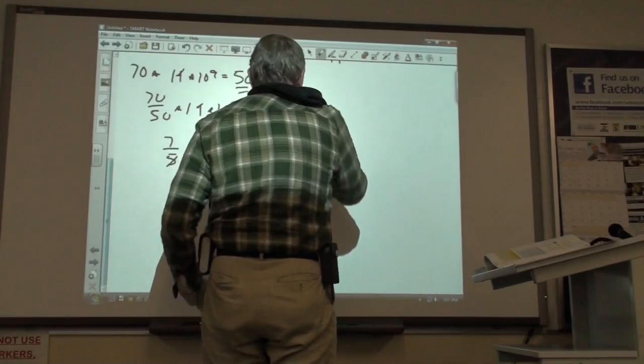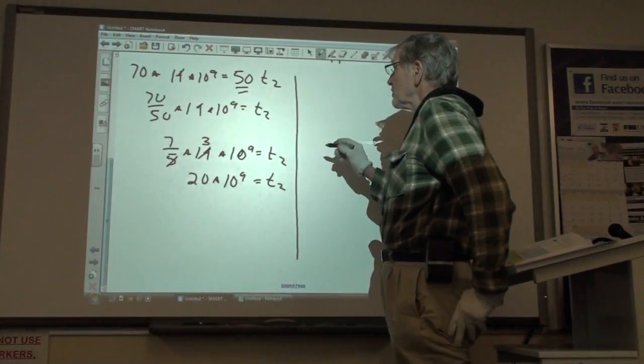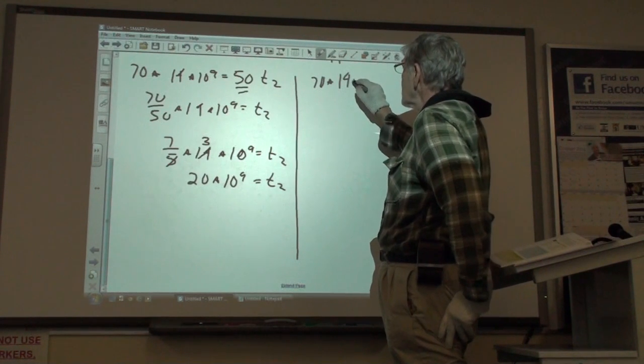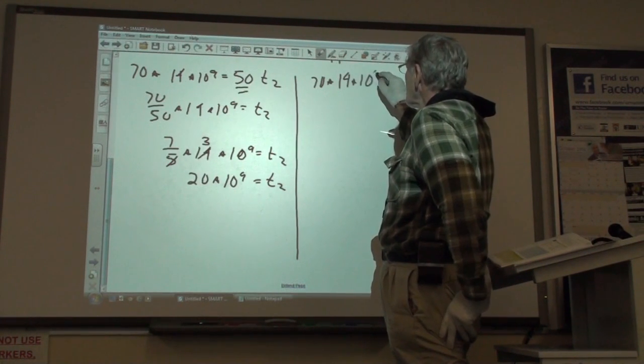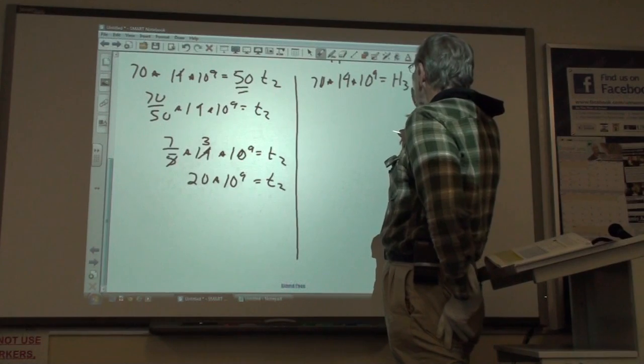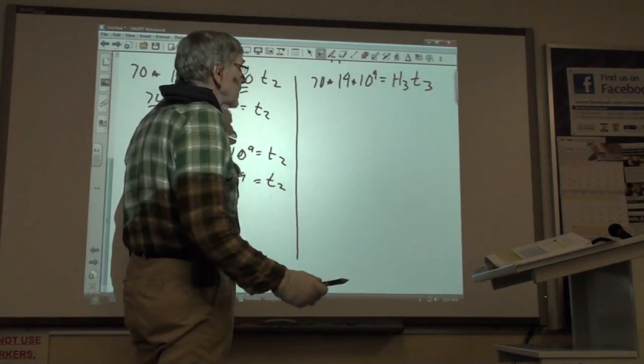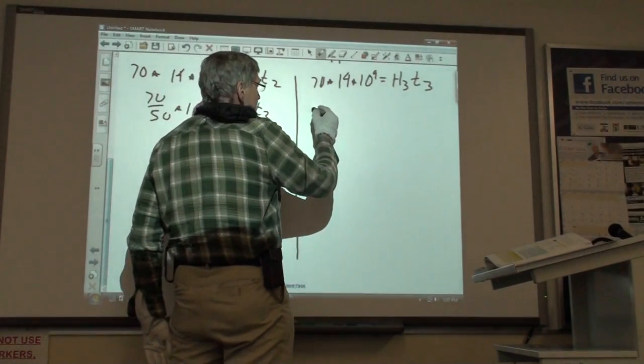Now let's look at the other time. We also have that 70 times 14 times 10 to the 9th is equal to h3 times t3, where we're now assuming a different value for the Hubble constant, and we want to find the time that goes along with that one.